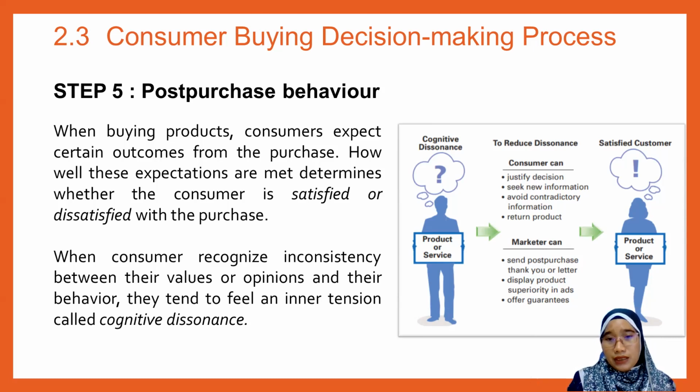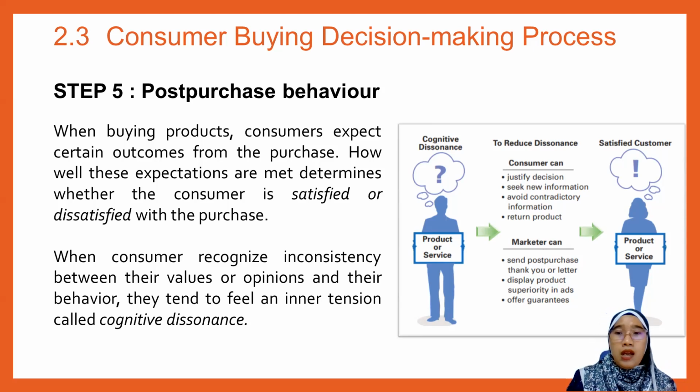And what can marketers do about the cognitive dissonance of the consumer itself? The cognitive dissonance earlier is the inconsistency between expectation and what they got, feeling a little dissatisfied. Marketers can send a post-purchase thank you or letter, display the product superiority in the ads, or offer guarantees, warranty and so on.